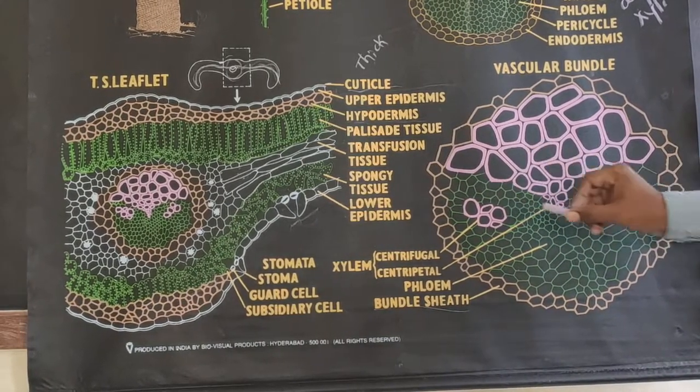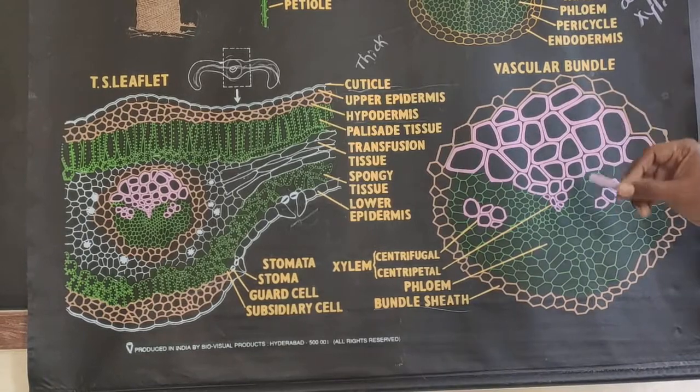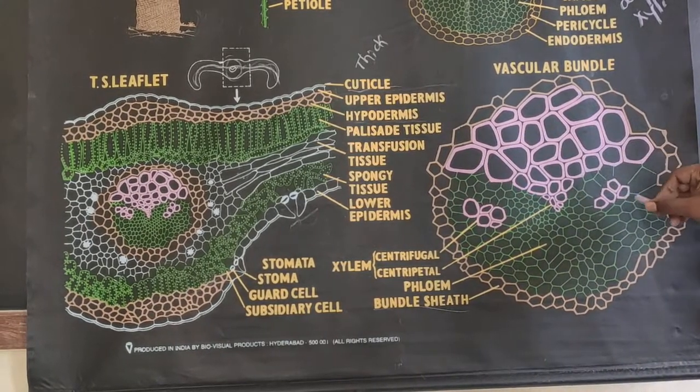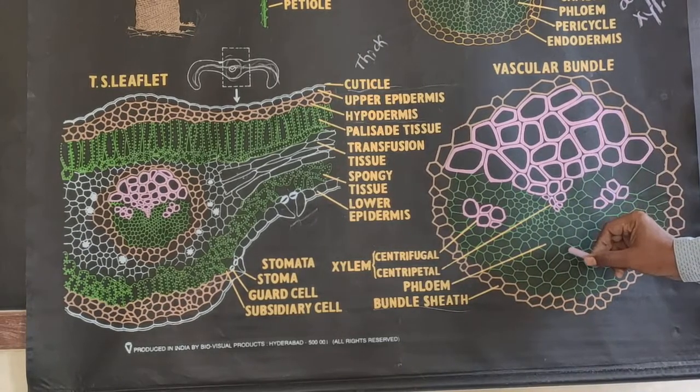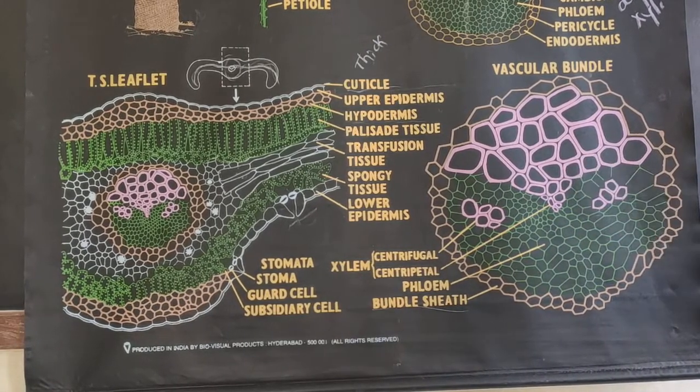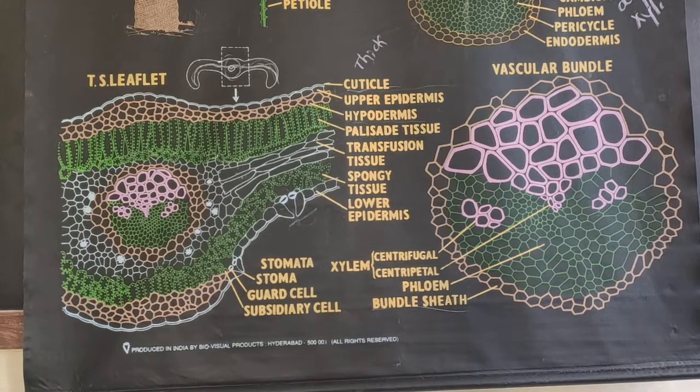Here the cambium is absent. In the case of the leaflet, the cambium is absent. Only xylem and phloem represent the vascular bundles. So the vascular bundles in the leaflet are said to be conjoined, collateral and closed.